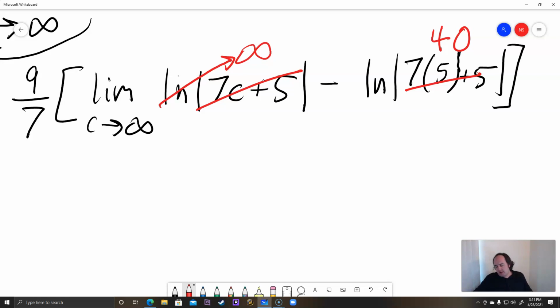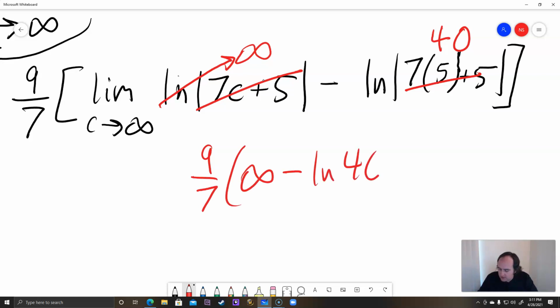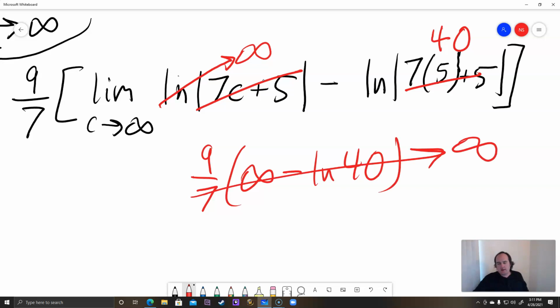So really we have 9/7 times infinity minus ln of 40. Right? But that's just infinity. So that means the series diverges.